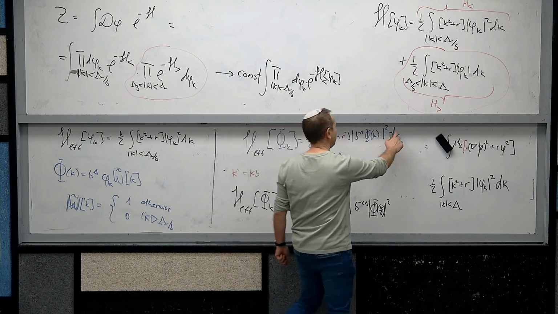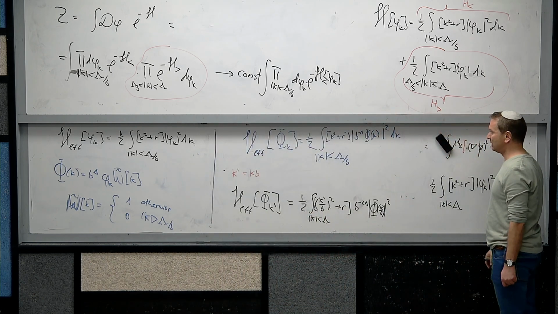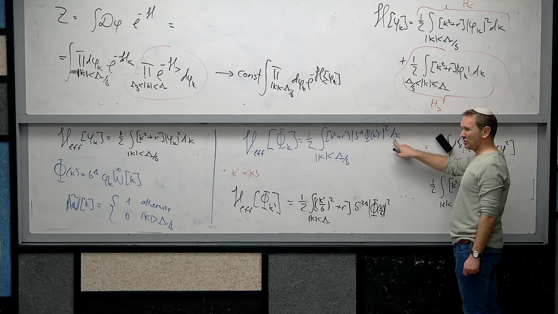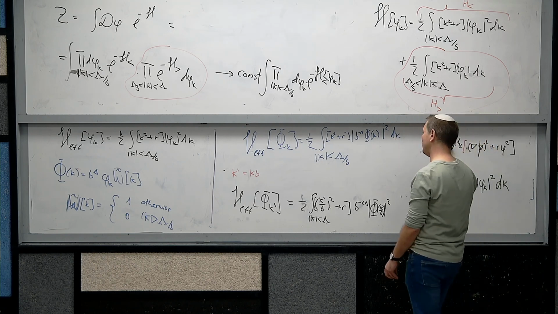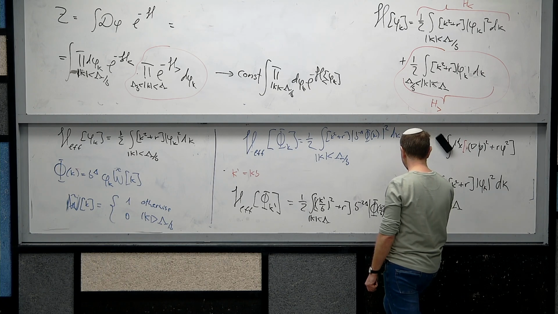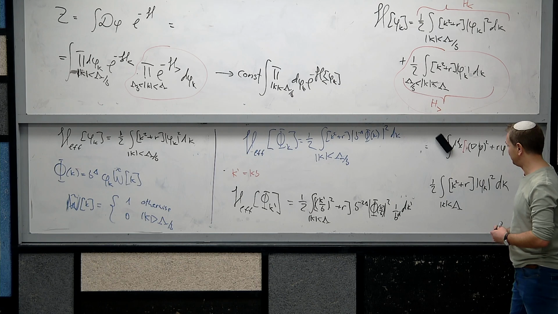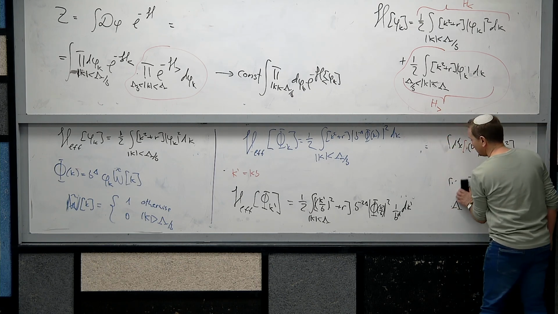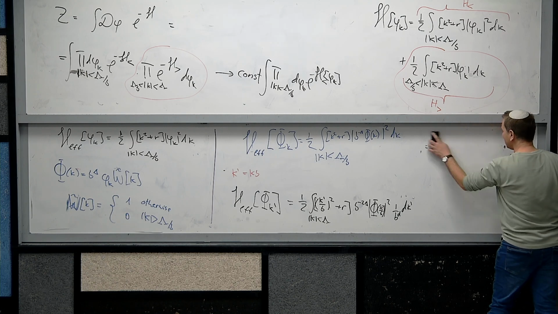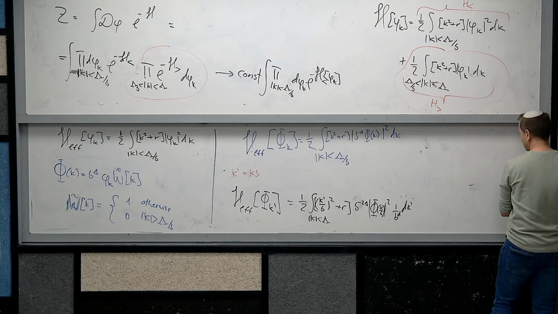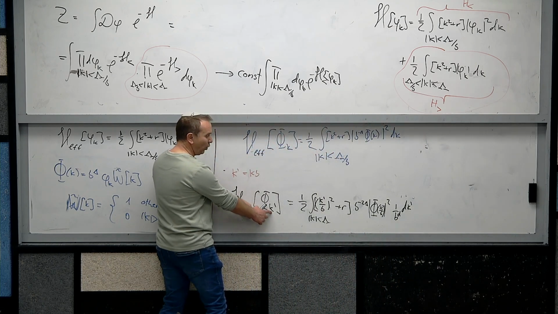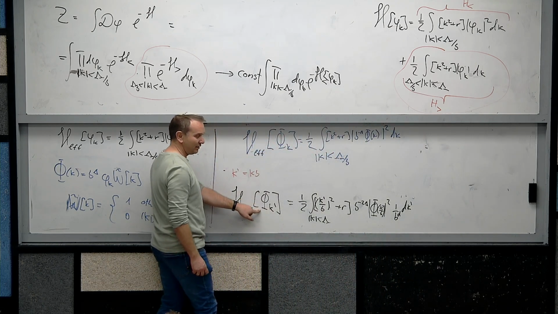And what I have over here: when I'm saying this is dk, k is a vector, the dimensionality is d. So it is dk prime times 1 over b to the power d. So the single RG step, when I transform all the modes, is almost like the original one, but I have differences.